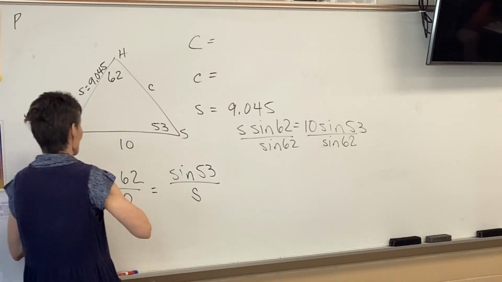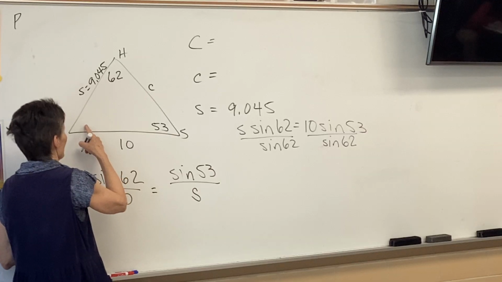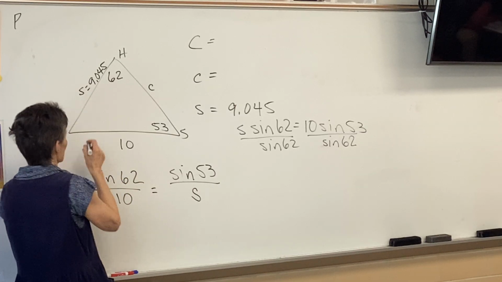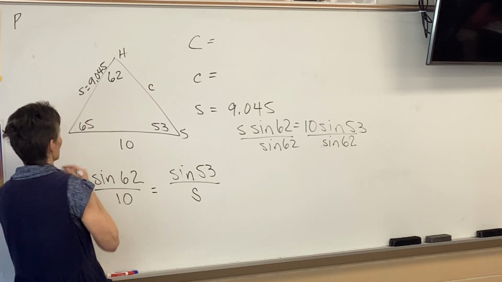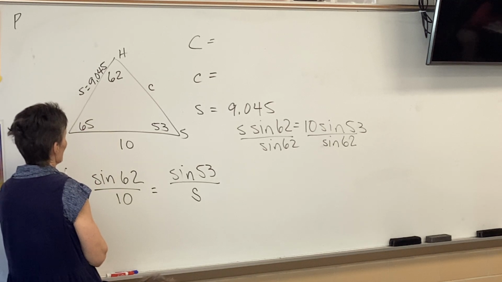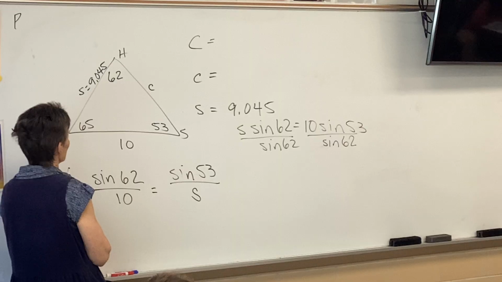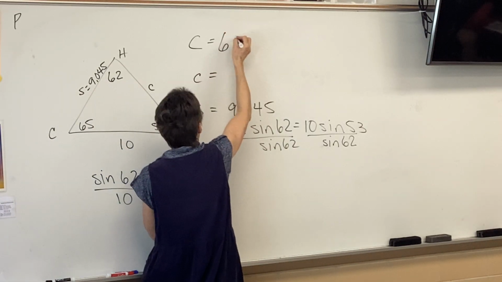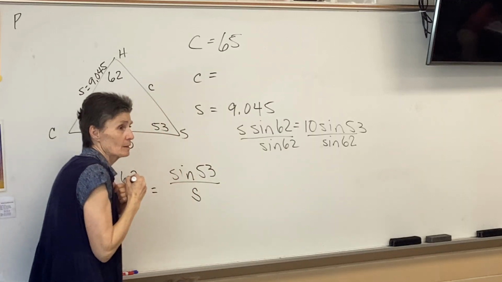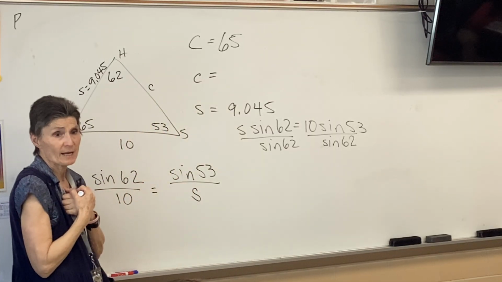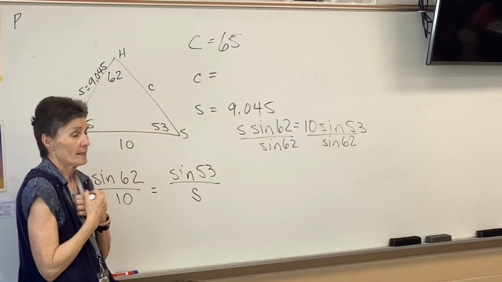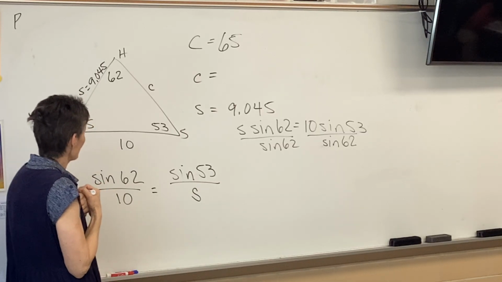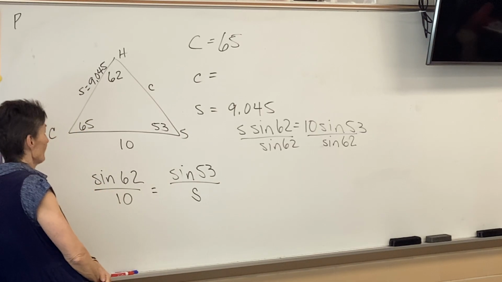We can figure out angle C. Angle C will be, is it 65? I think so. So 65. How did I know that? Because the angles of a triangle have to add up to 180. Now we're down to one more thing. How do I find that last thing?